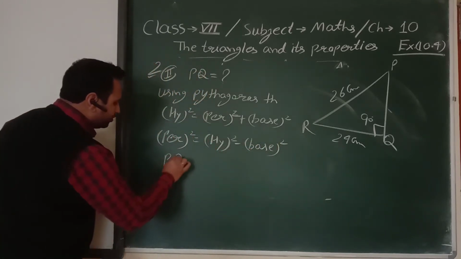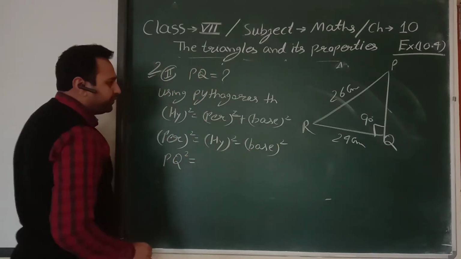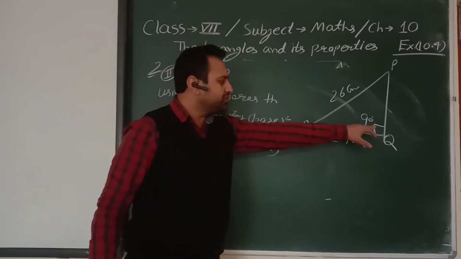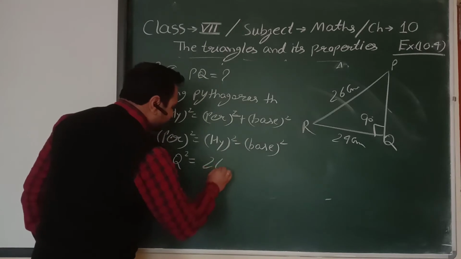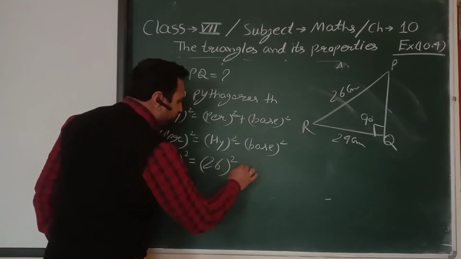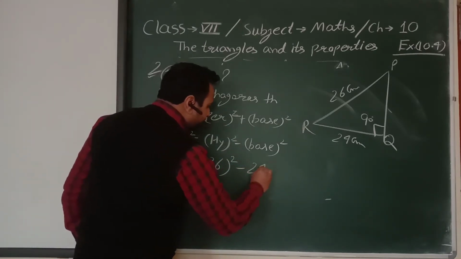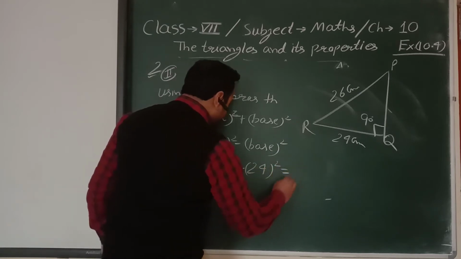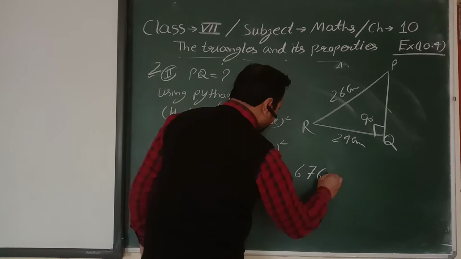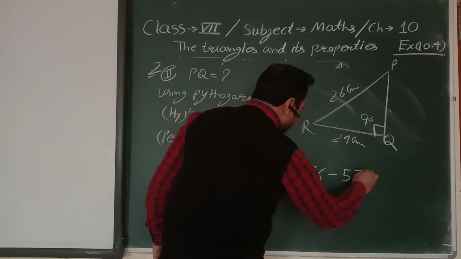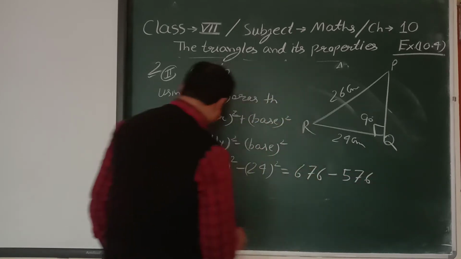So PQ square is equal to hypotenuse. The side opposite to 90 degrees is called the hypotenuse. So its value is 26 and the base, its value is 24. So what is the square of 26? 676. And what is the square of 24? 576.